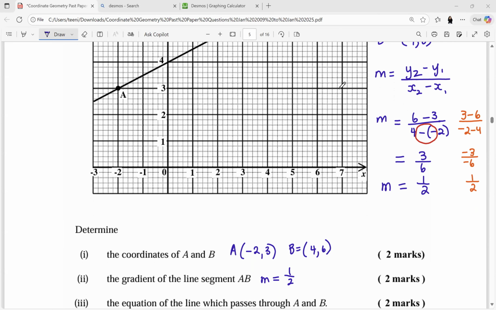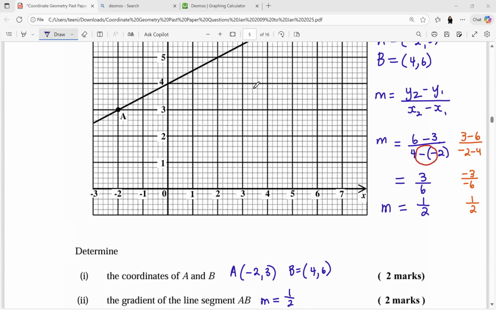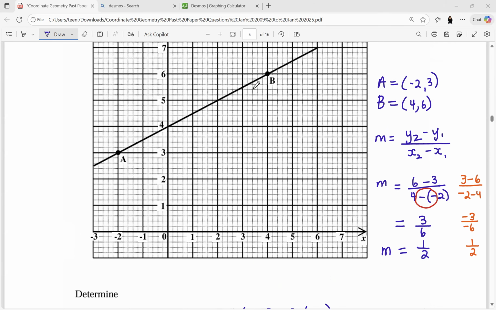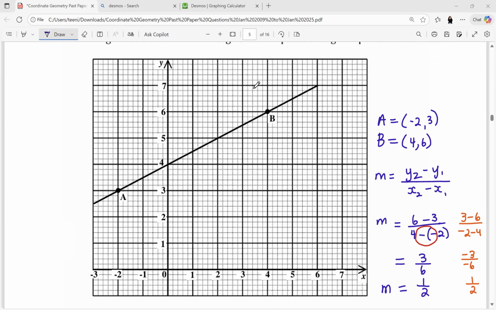That is how you will determine the equation of the line. So I'm going to use both methods, and you could follow along.